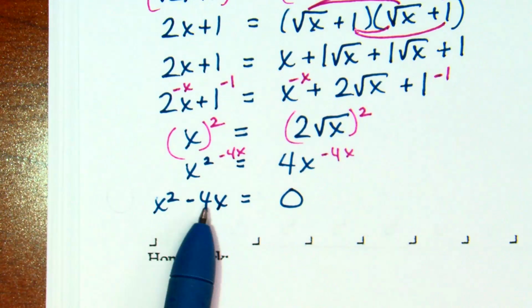And so when you have 2 factors multiplying, what do we do with each of them? Set them each equal to 0. So we're going to set x equal to 0, and we're going to set x minus 4 equal to 0.